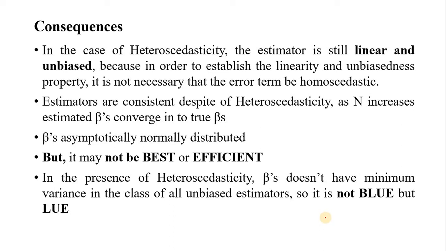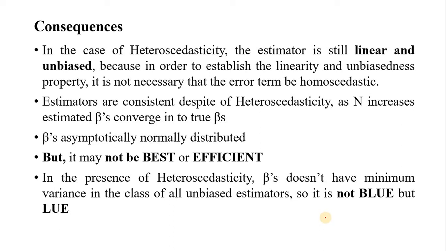And betas are asymptotically normally distributed. That means if you use a large sample size, your betas will be asymptotically normally distributed. But the major problem is that the coefficients may not be best or efficient. In the case of heteroscedasticity, betas do not have the minimum variance in the class of all unbiased estimators.